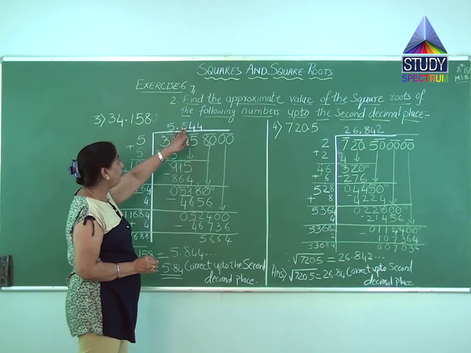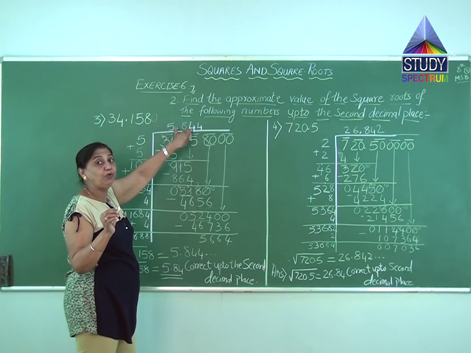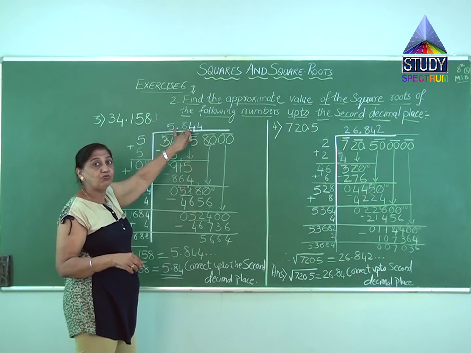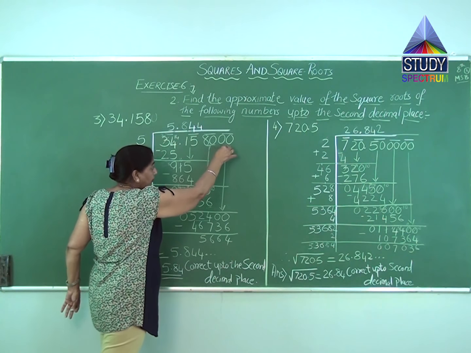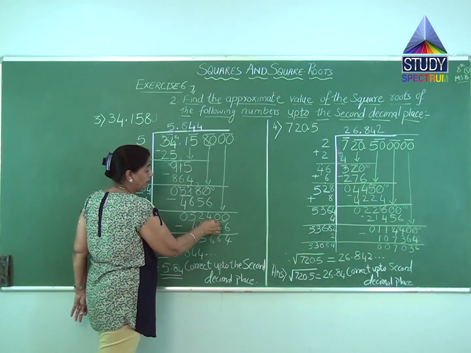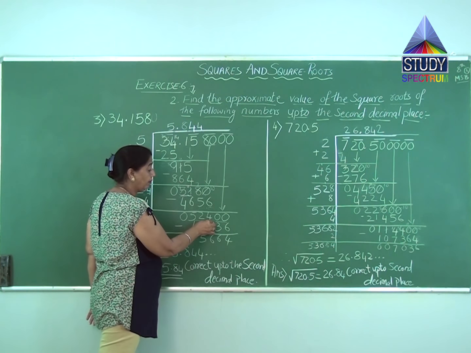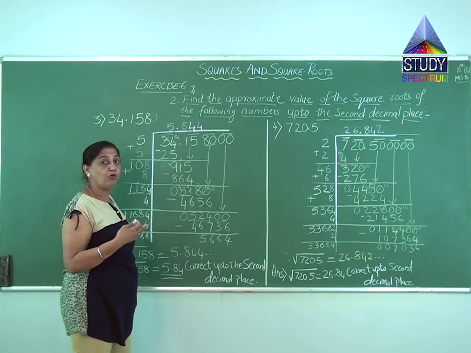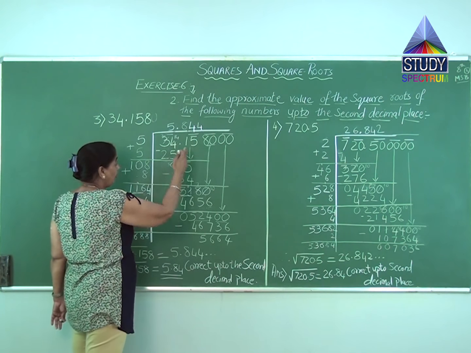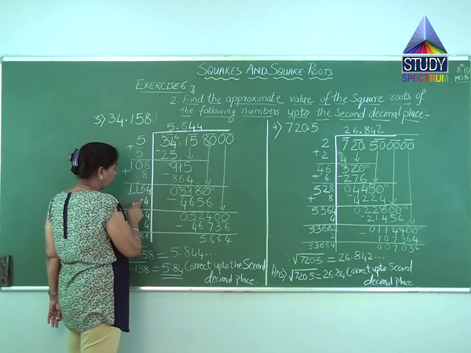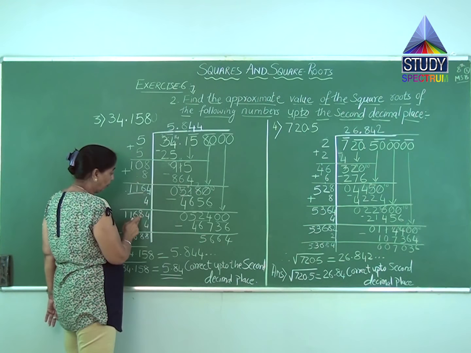But what have we done? We have done only up to the second decimal place. To solve further, I will bring this pair of 0s over here. So now it has become 52,400. Now again, to solve further, what is the next step? First, I will add this 4 over here. Now 4 plus 4, 8.